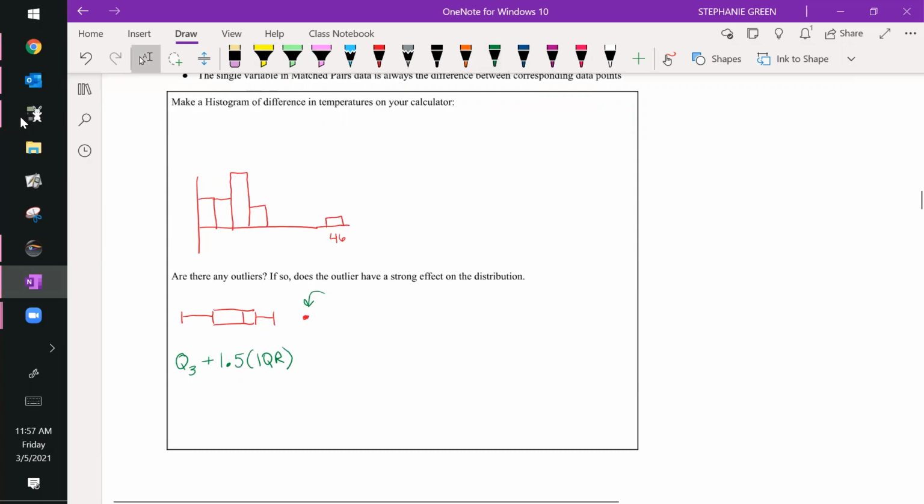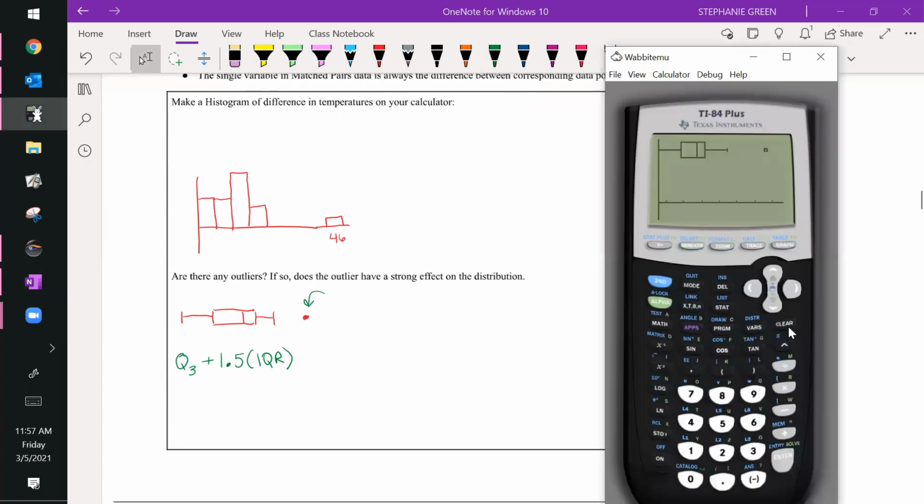And again, since my data is already in my calculator, I can get those quartiles and the IQR very quickly by going stat, calculate, 1-Var Stats. If I scroll down, I can see my median is 19, my first quartile is 13, and my third quartile is 22.